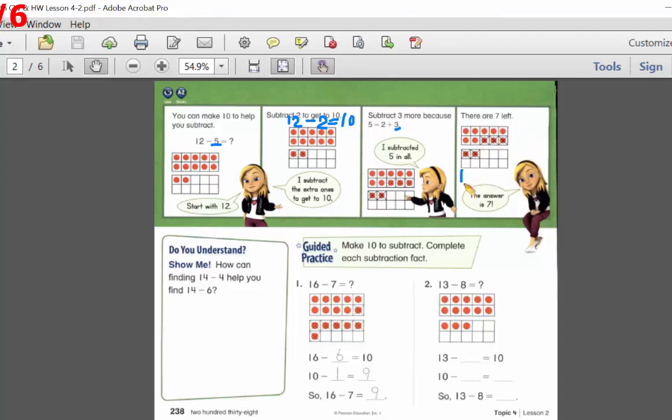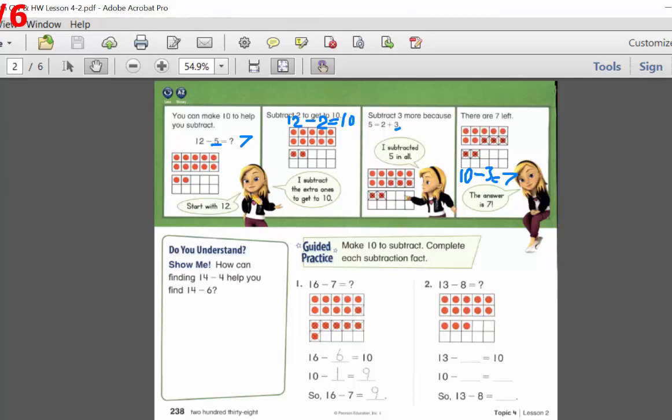So now we know 10 minus 3 equals 7. So now I know that the difference here is 7.